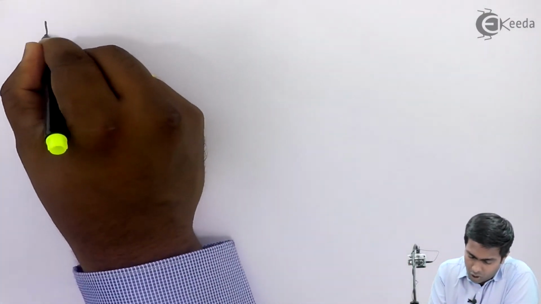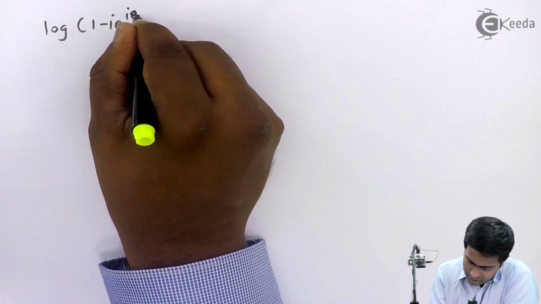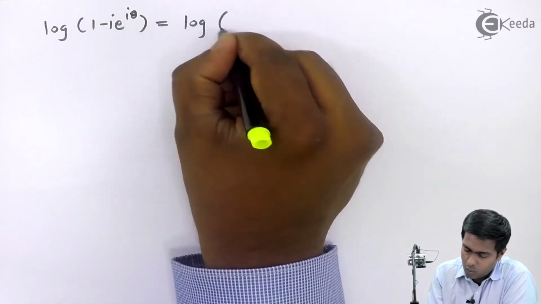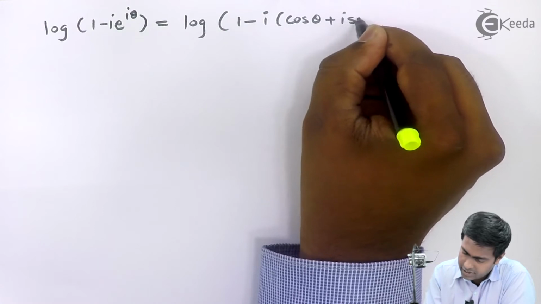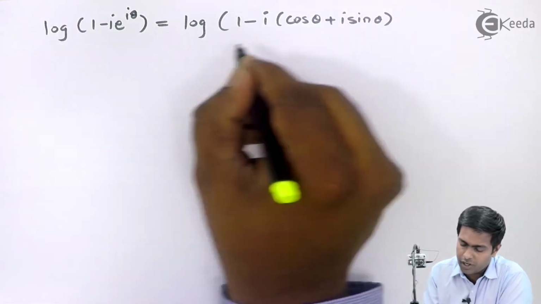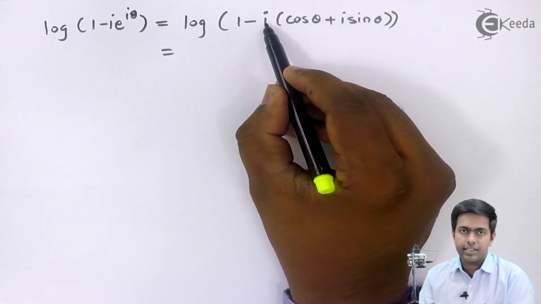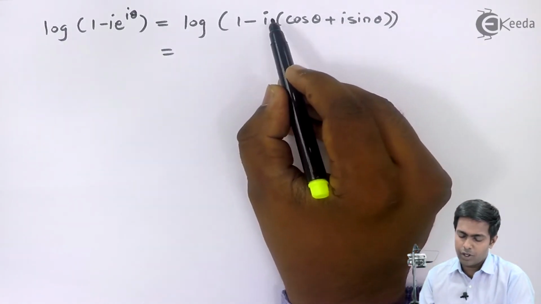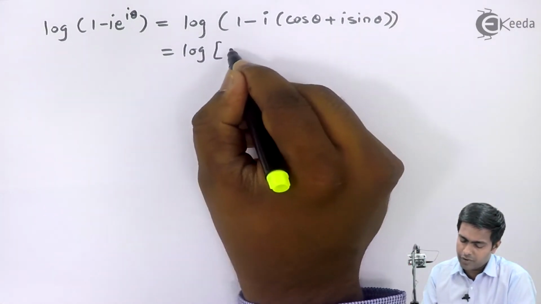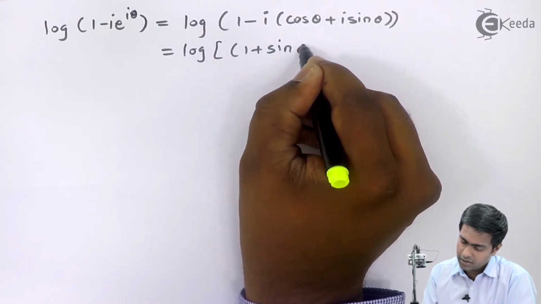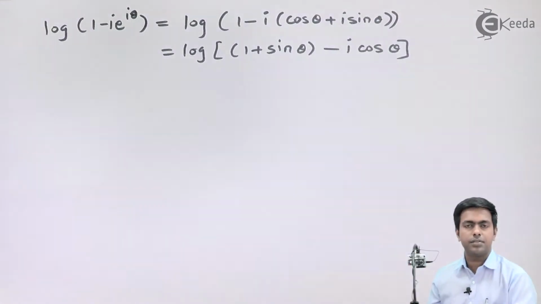We will get log of (1 minus i e raised to i theta) as log of 1 minus i times (cos theta plus i sin theta). Now if we observe here, i into i is i square, which is minus 1, but due to the minus sign that will become plus, so plus sin theta, and in the log term we will get 1 plus sin theta, and minus i cos theta will remain as it is.